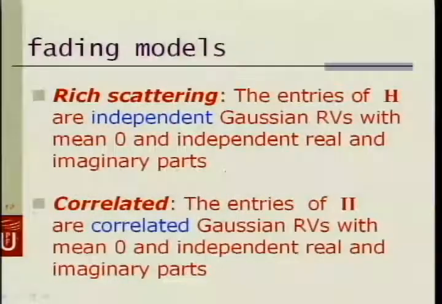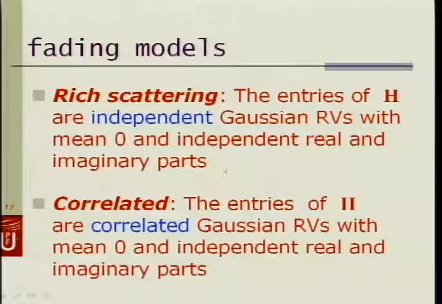The one that gave rise to the richest literature is called the rich scattering model, in which the entries of the matrix H that represent the channel are assumed to be independent Gaussian random variables with mean zero and independent real and imaginary parts. So everything is independent. This is called a Rayleigh model or a rich scattering model.